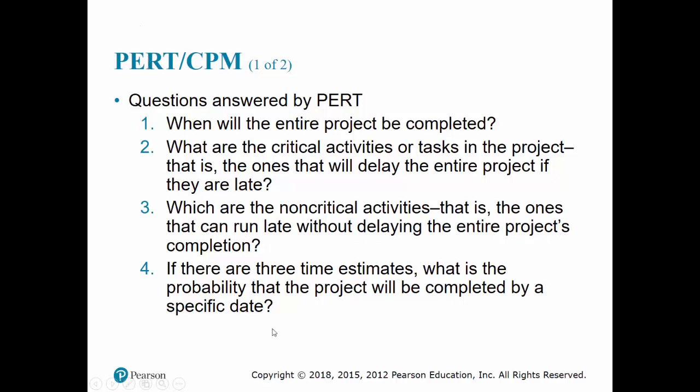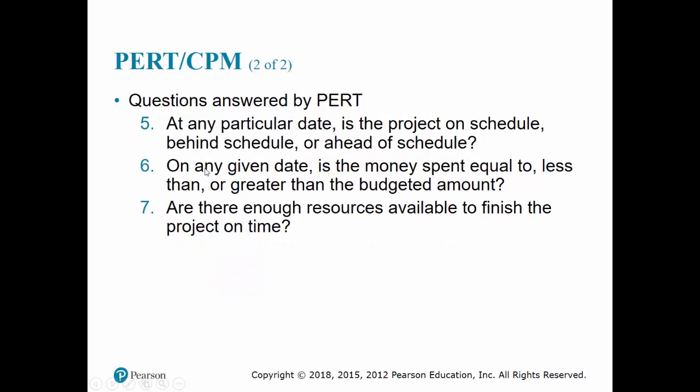And for PERT itself, we come up with three time estimates, and that is where the probability comes into the picture. For PERT or CPM, at any particular date, we can see whether the project is on schedule, behind schedule, or ahead of schedule.